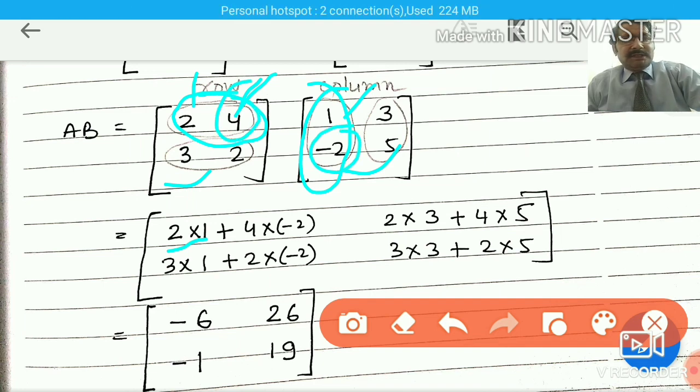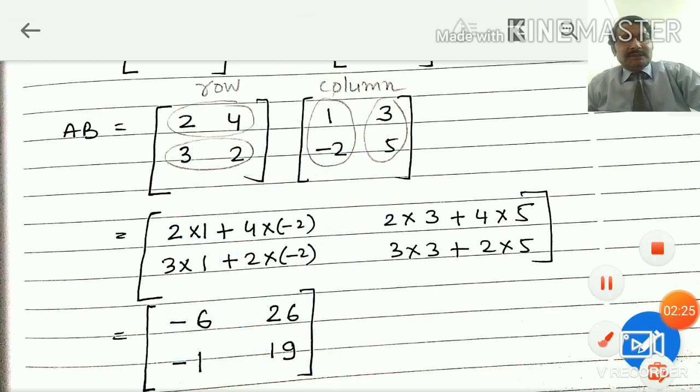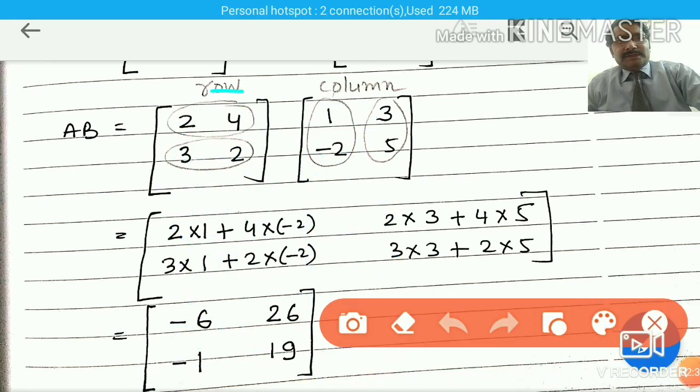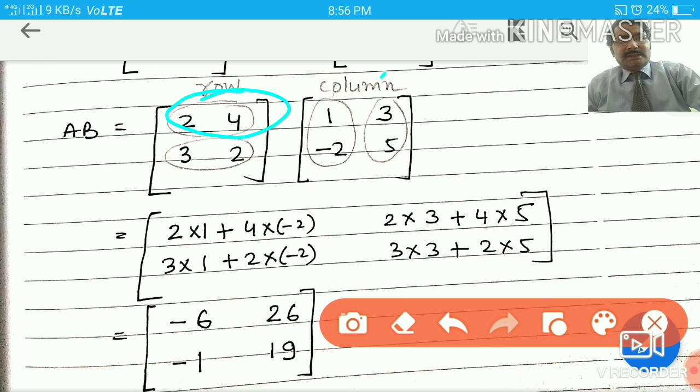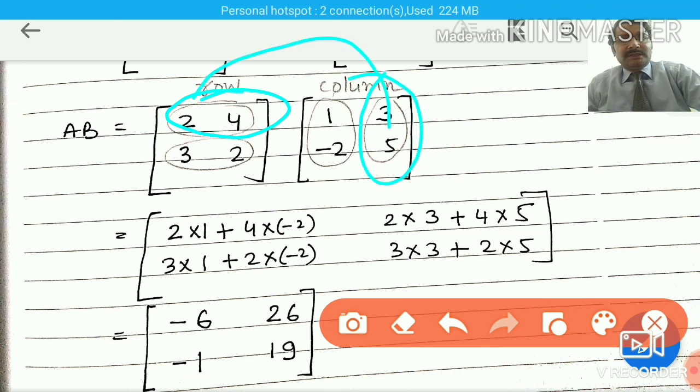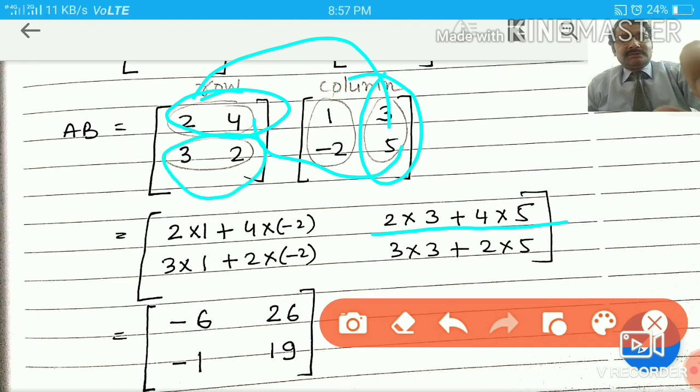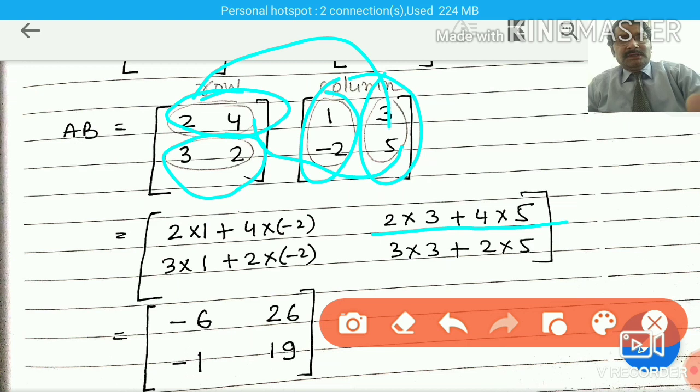Similarly, we take the first row and multiply by the second column. First, 2 we multiply by 3, and 4 we multiply by 5, and we add. Similarly, for the next row, 3 and 2, you multiply first by 1 and minus 2, so you get 3 into 1 plus 2 into minus 2.